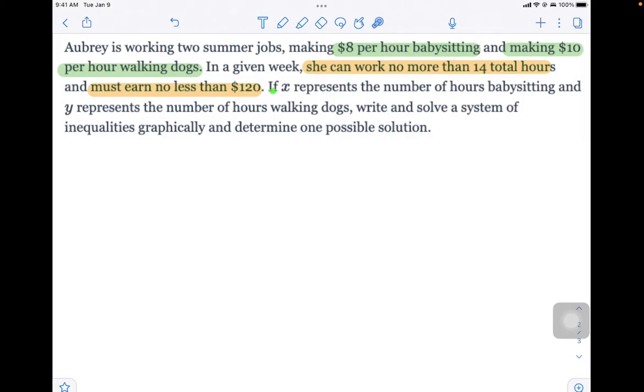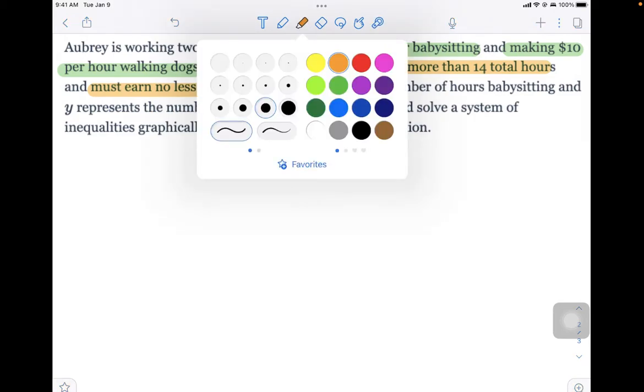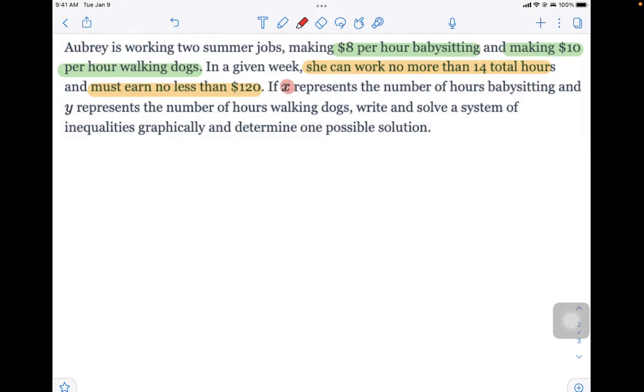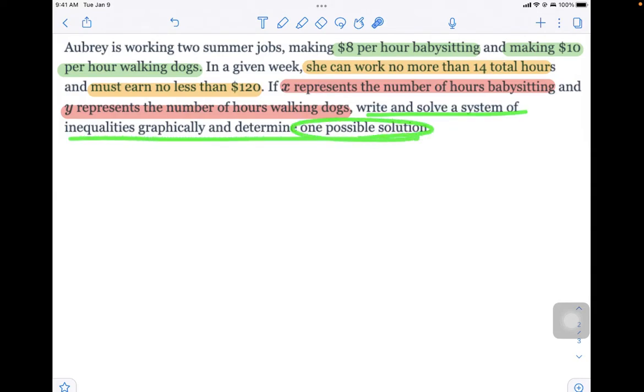If X represents the number of hours babysitting and Y represents the number of hours walking dogs, write and solve a system of inequalities graphically and determine one possible solution.